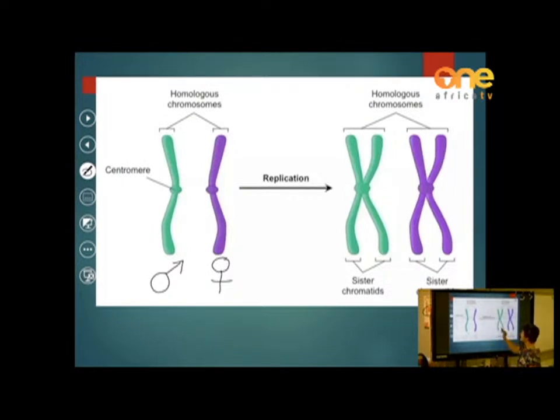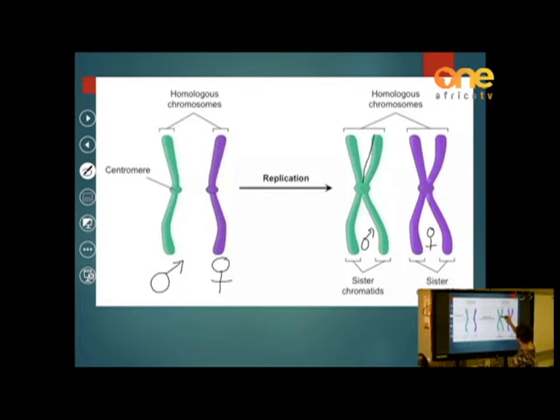When replication takes place, I still have a homologous pair of chromosomes. This is still coming from the father, but it replicated. And this came from the mother.